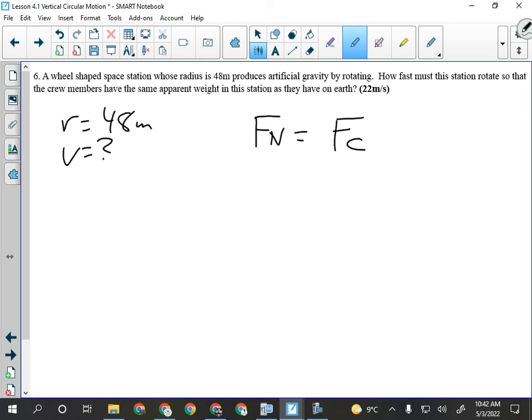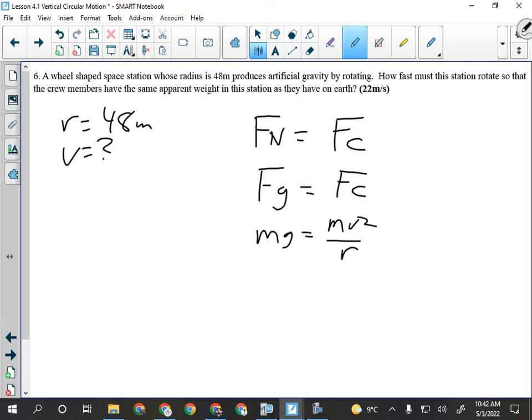Okay, that's why I substitute in the next step Fg for Fn. Okay, Fn is a reactive force, but its value is equivalent to gravity. Everyone okay with that? Okay, so then I just plug in my formulas. mg equals mv squared over R. Okay, so Jenna, in answer to your question, I wasn't given the mass, and you're right.